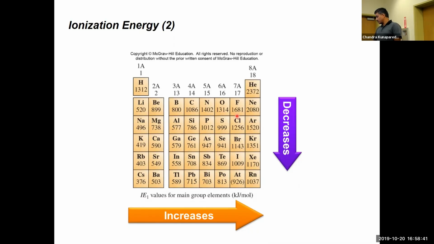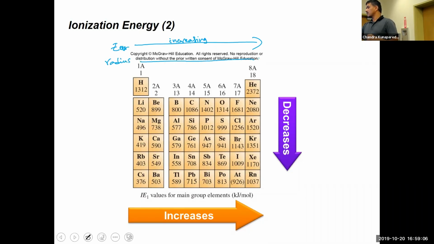Why? It is because, as we just said, Z effective is increasing from left to right and the radius is decreasing, so the attraction between the nucleus and its outside electrons is larger.